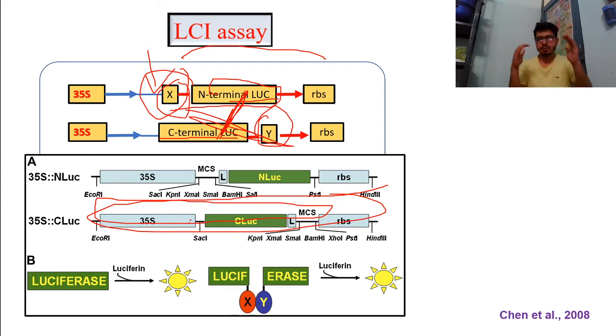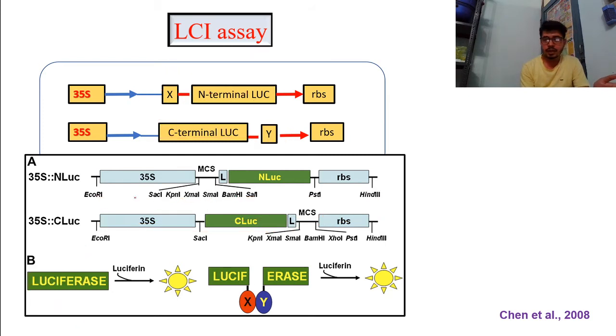How do we clone this? I am not going to discuss how molecular cloning is done. I have already uploaded various videos on that topic, on how positional cloning is done and how you can express a protein. Basically, you can see one construct containing the N terminus of luciferase and the second containing the C terminus of the luciferase, and this is the MCS site.